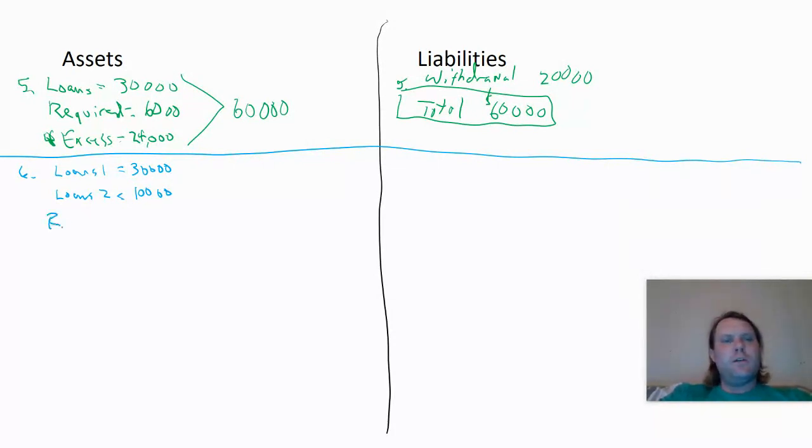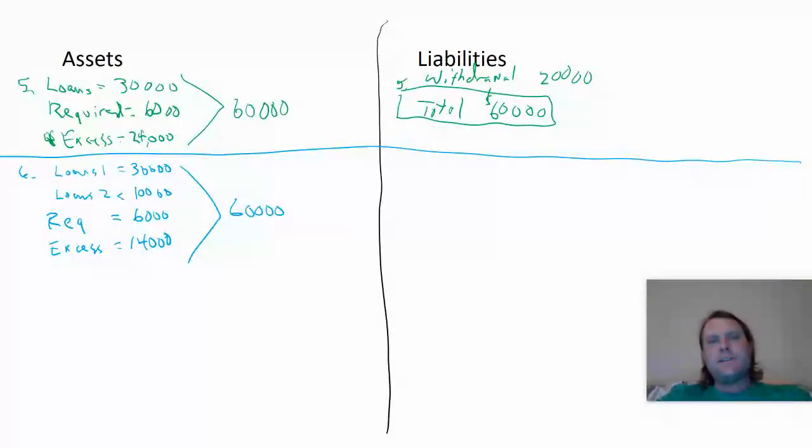My required is still 6,000, and my excess, right, is to be determined. But remember, we got to have all these equal 60,000 bucks. Well, 40,000, 46,000. That gets me down to $14,000 in excess reserves. Over here, my total is still $60,000.